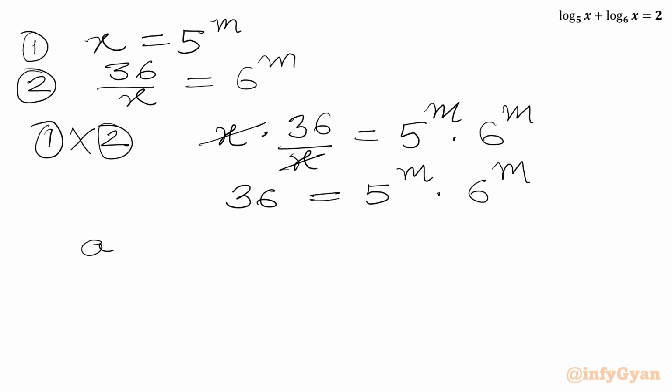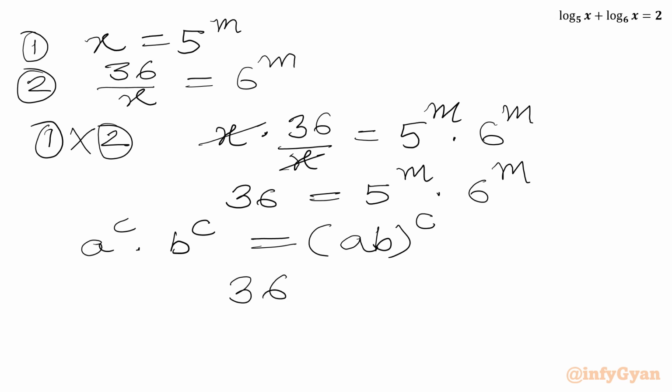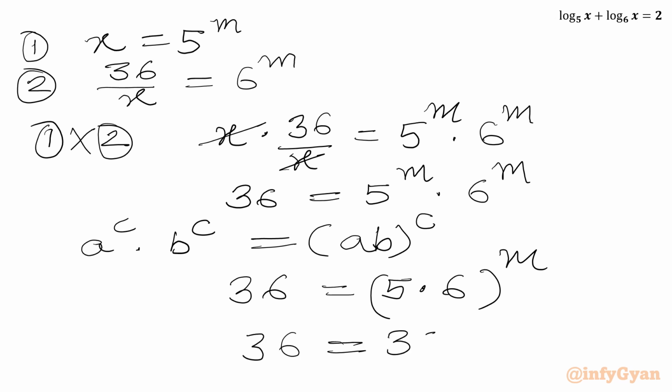Now we know the property from exponents, a power c times b power c, we can write a times b whole power c. So our equation will be 36 equal to 5 times 6 whole power m. Now this will be equal to 36 equal to 30 power m.